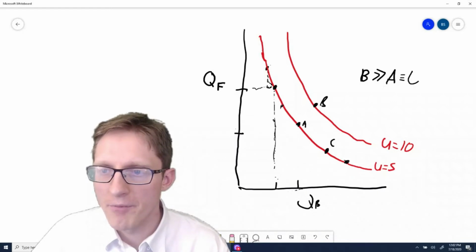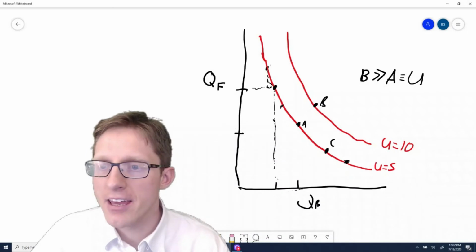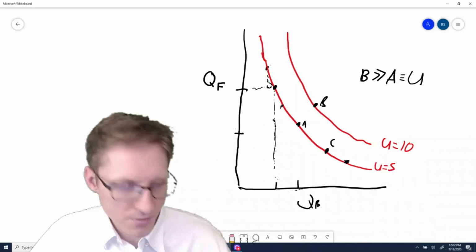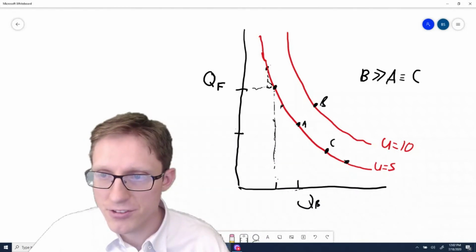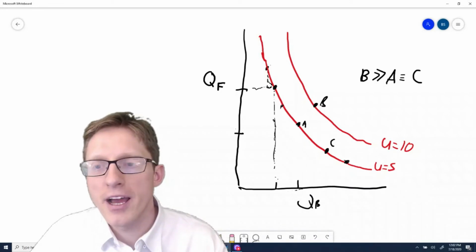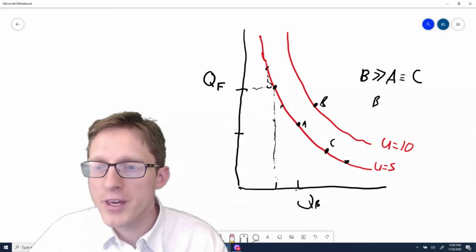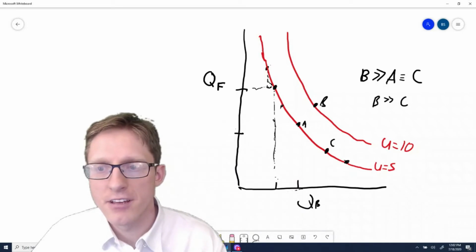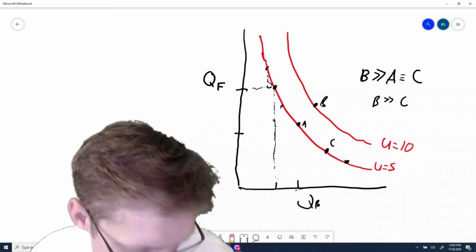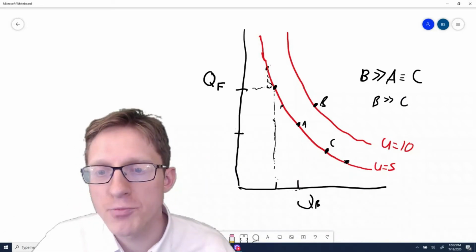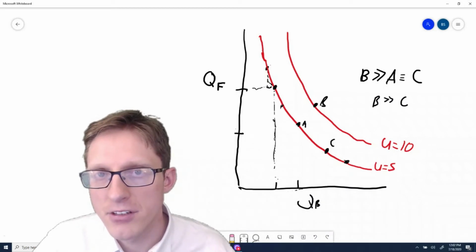So A provides equal utility to C. By transitivity, B is preferred to A, which is equal to C. Hence, B is preferred to C. So point B is preferred to every point on this lower indifference curve.